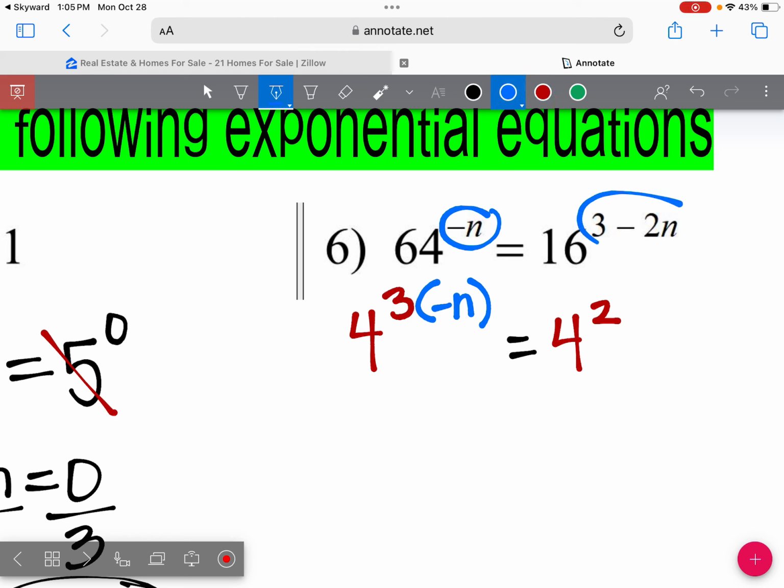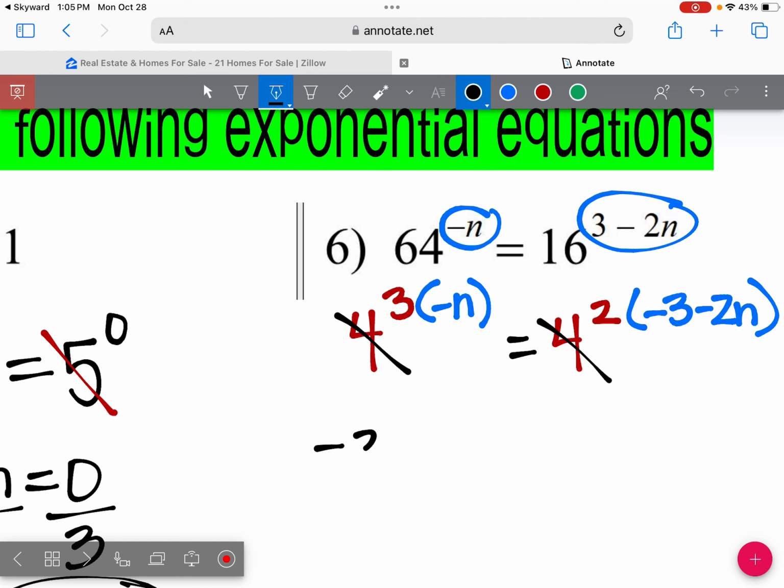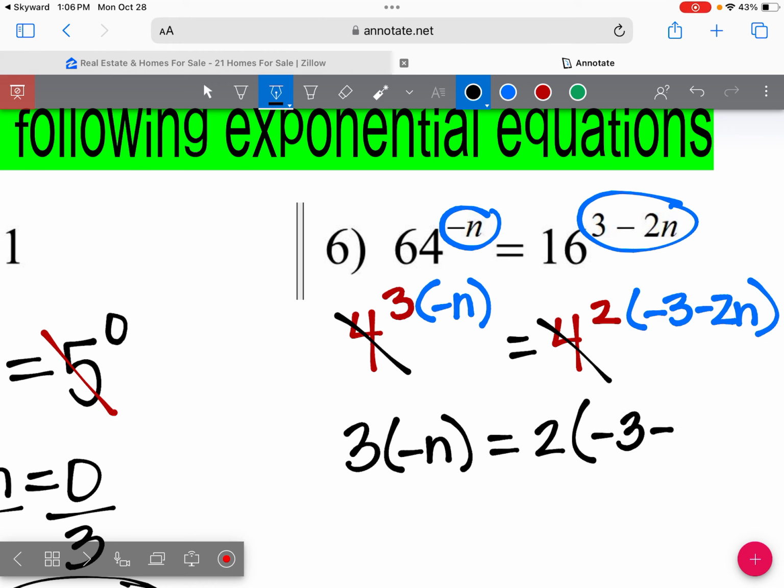Put this in parentheses. So now that you have a common base, we can drop the bases. Now you need to distribute on both sides though. So we got 3 times negative n equals 2 times negative 3 minus 2n.